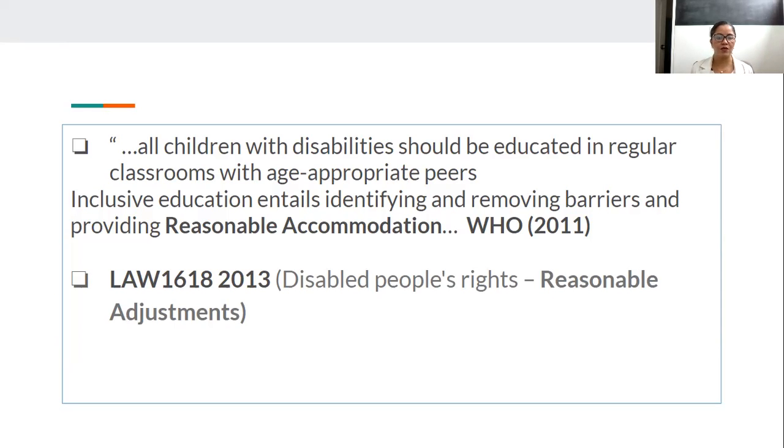Then later on in 2013, the Colombian government took out a law called Law 1618, in which they talked about the disabled people's rights. And again, they mentioned the concept reasonable adjustments.